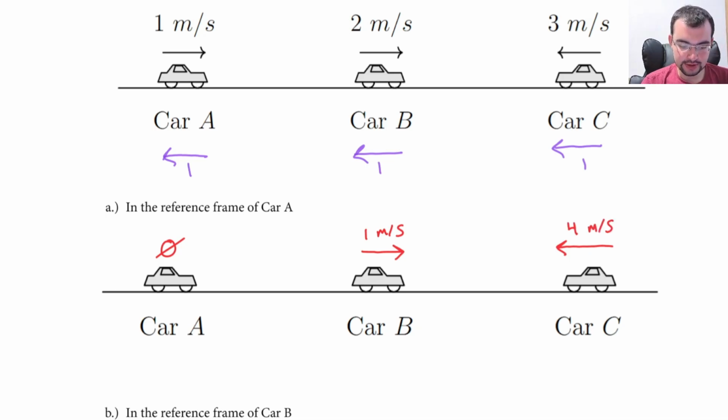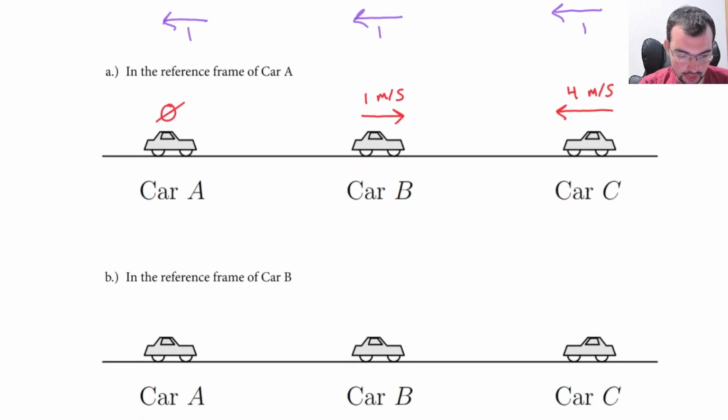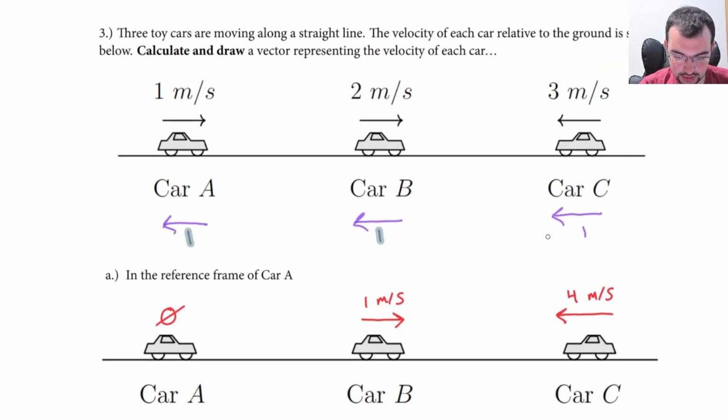So notice that car A sees car B moving away from them, which makes sense because car B is moving faster than car A in the same direction. So car A sees car B moving away and car C moving towards it. So that works.